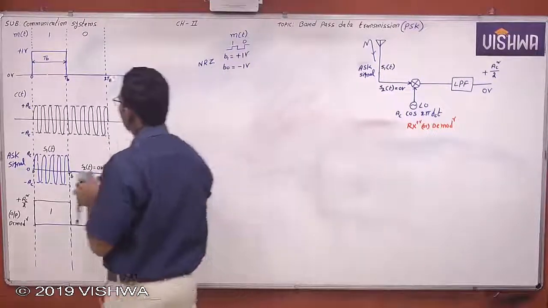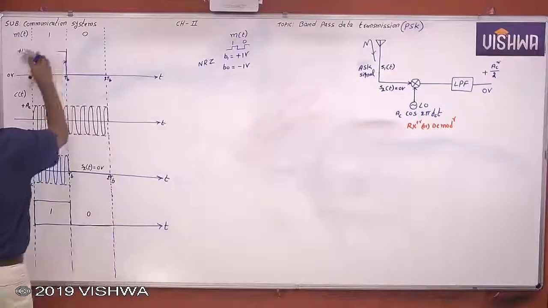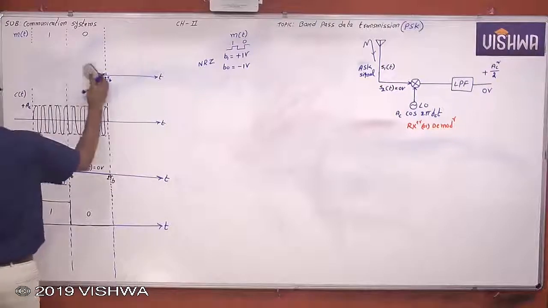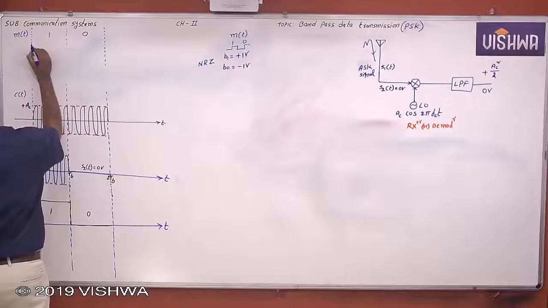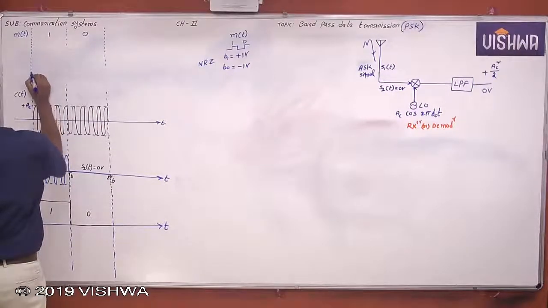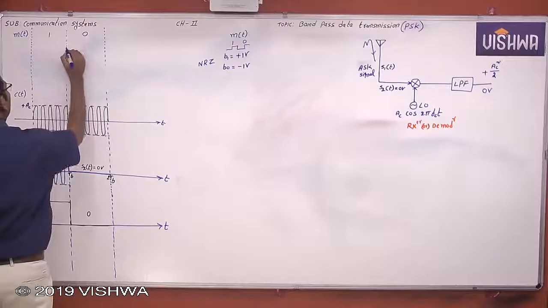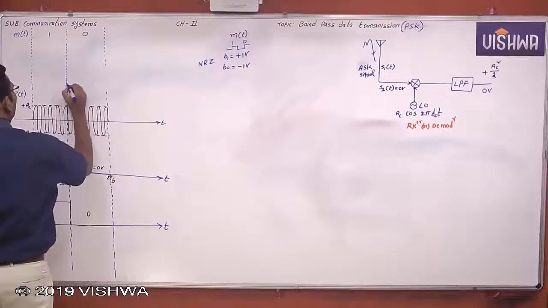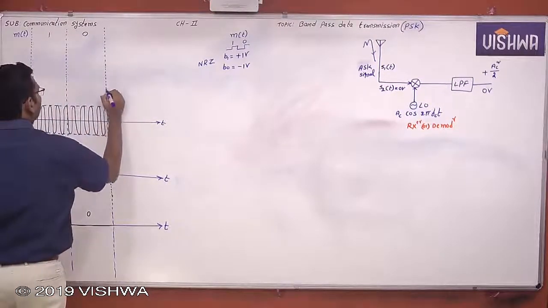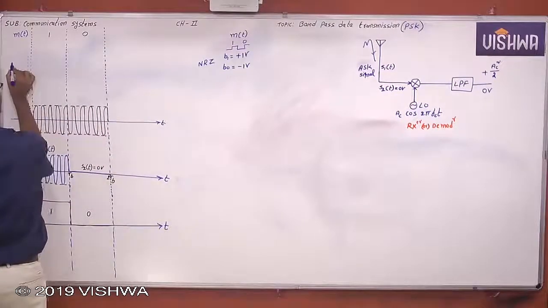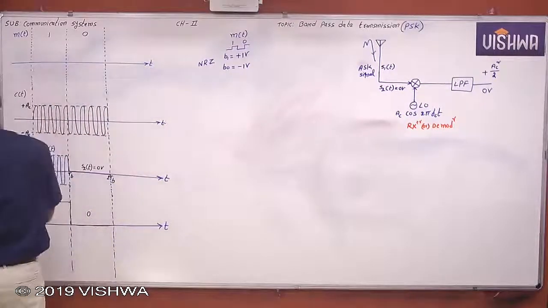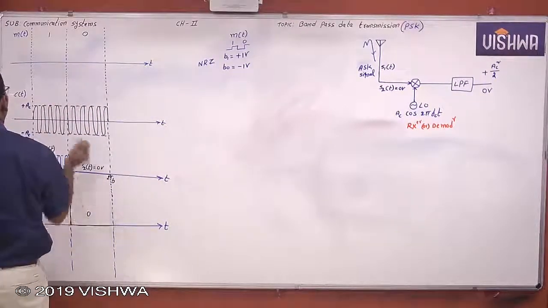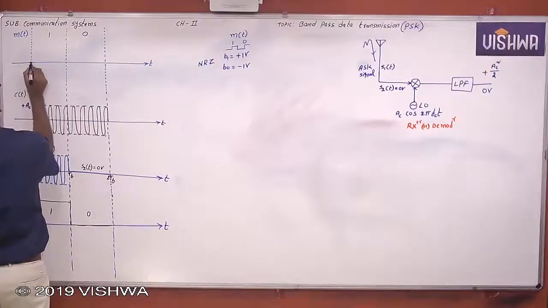First we want to represent this. So a binary data is represented in the non-return to zero signaling scheme. Now this is the message signal, which is the binary data, but represented in non-return to zero signaling scheme. For binary 1, this is the positive voltage.